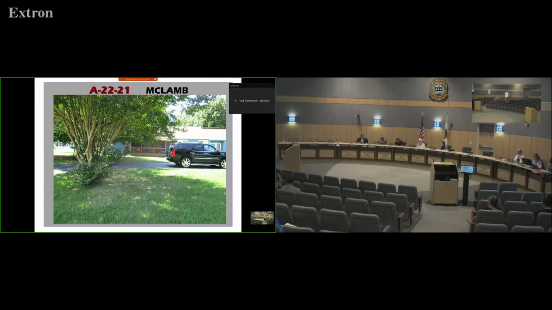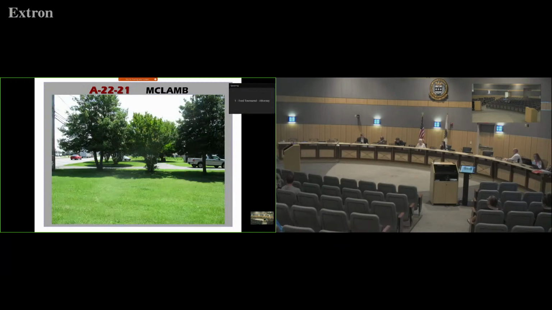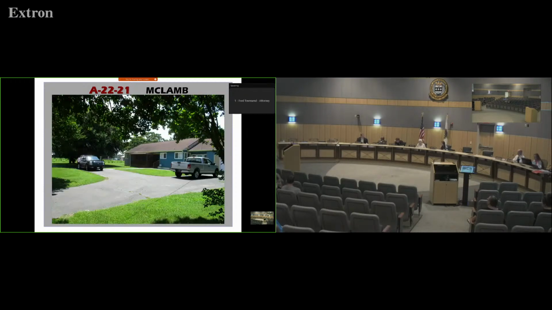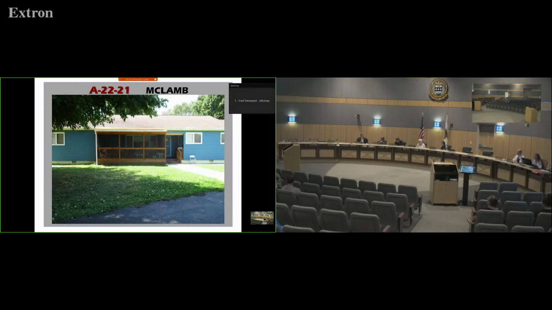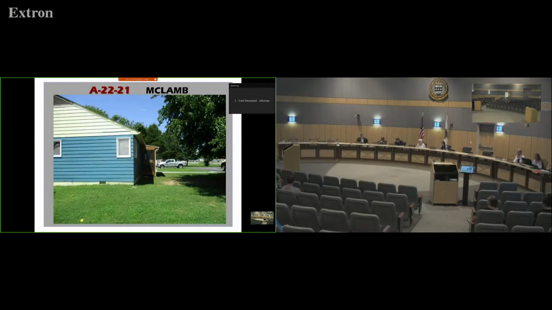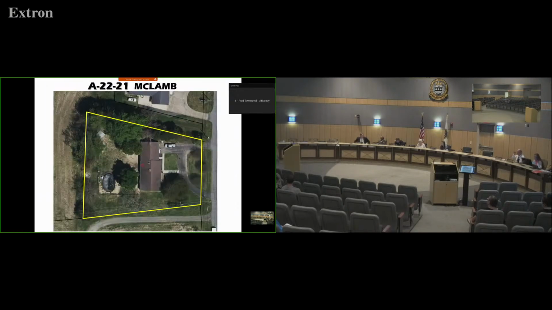This was brought to our attention through a code enforcement violation. This is looking from the side of the property at the front porch, and again at the front porch from the other side of the house, and the aerial.